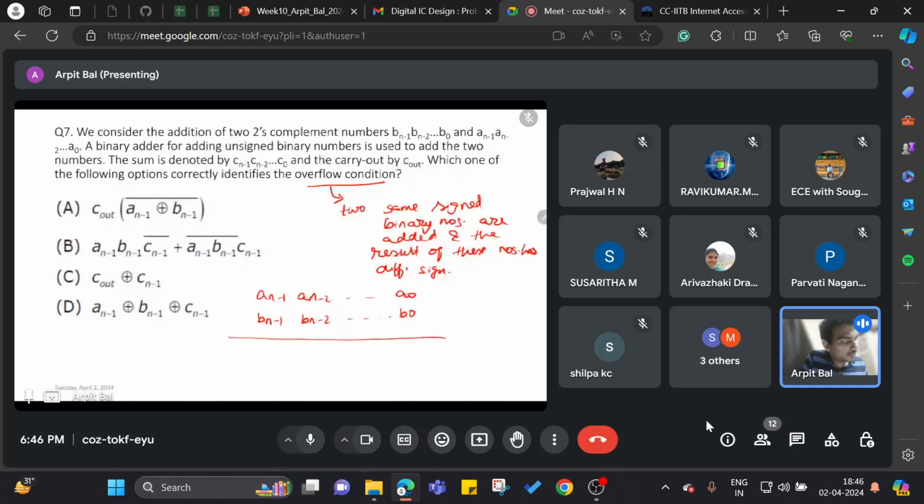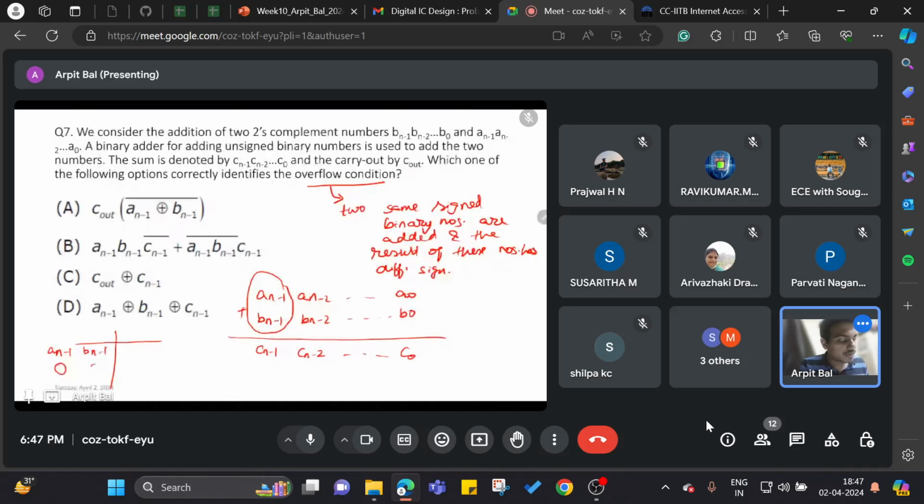Whatever the output is, it is represented as Cn minus 1, Cn minus 2 and so on. So An minus 1 and Bn minus 1 — it is the MSB that contains the information for the sign. Let me make a table, not a truth table, but just to represent whether it's a carry out or not.